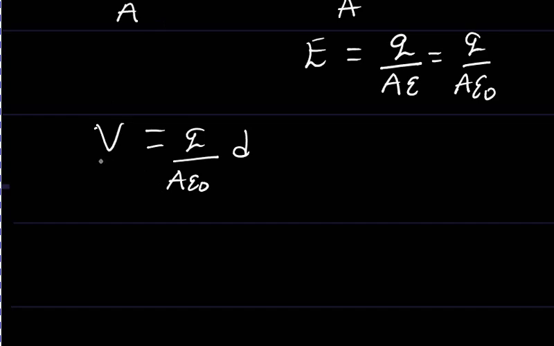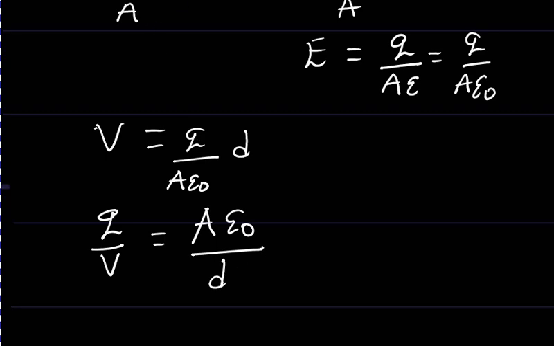If you do it to make Q all over V the subject, I am very sure I will end up having A epsilon 0 divided by D. Just do that. Rearrange this equation and make Q all over V the subject. You have A epsilon 0 divided by D.